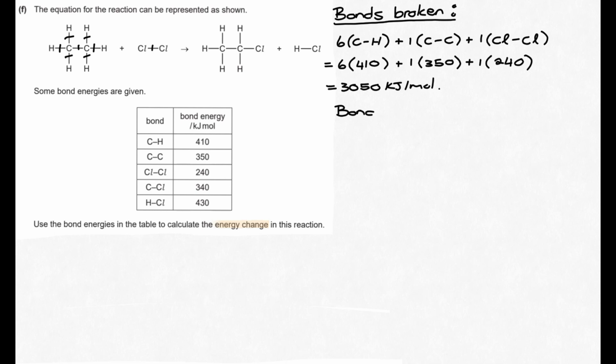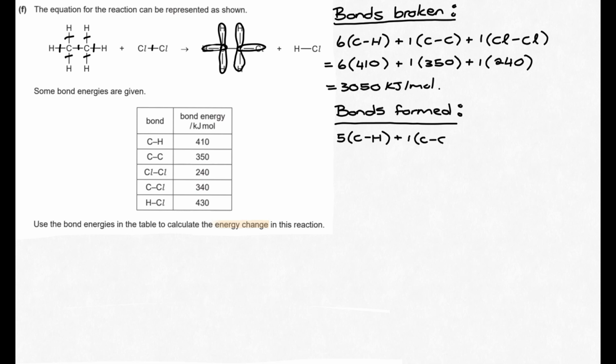Now my second step is to calculate the amount of energy released when I form the bonds. So I can see that there are 1, 2, 3, 4, 5 carbon-hydrogen bonds that will form, and 1 carbon-chlorine bond, as well as 1 carbon-carbon bond and 1 hydrogen-chlorine bond. So now I go back to my table. My carbon-hydrogen bond has a value of 410 kilojoules per mole, which I would have to multiply by 5.